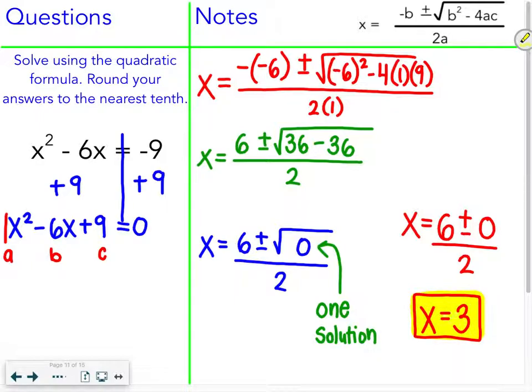So this parabola intersects with the x-axis one time at positive 3. So if you end up with a 0 under your radical, you are going to have only one solution. If your discriminant is 0, it is just one solution.